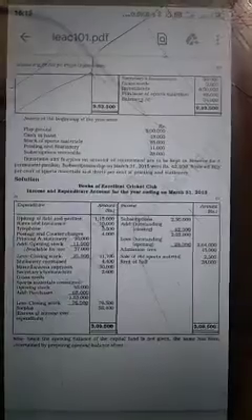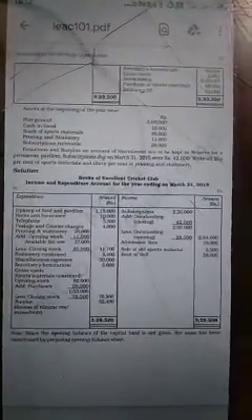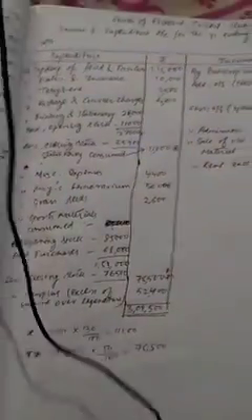I will explain these things in detail while we solve the problem. So I hope the question is clear to you. You just go through and read the question, and then once these things are clear, we will solve the numericals.